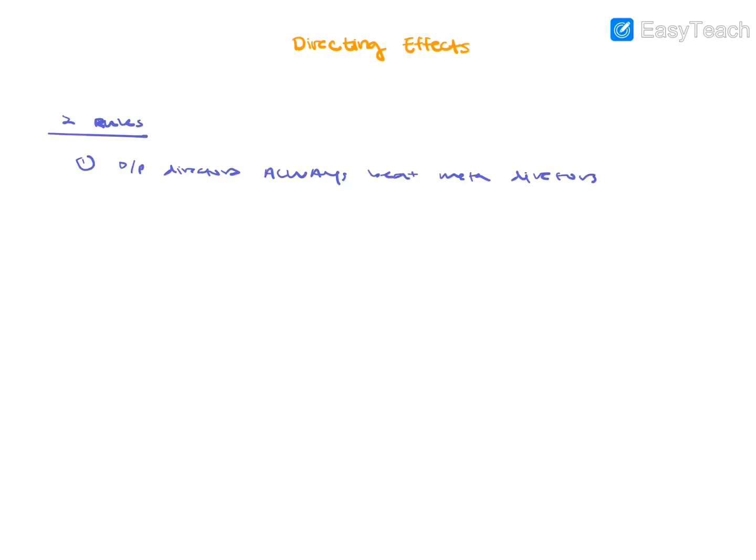So, for example, if we had an R group, which is a pretty not strong activator, and we also had an NO2 group, and we did an EAS reaction. Let's say we did just bromination.